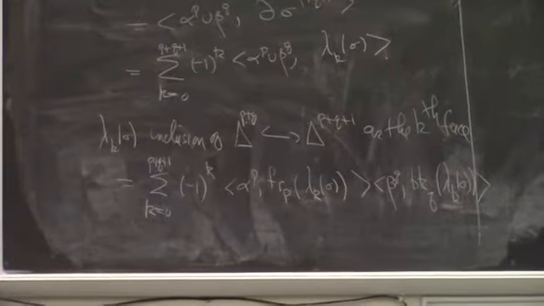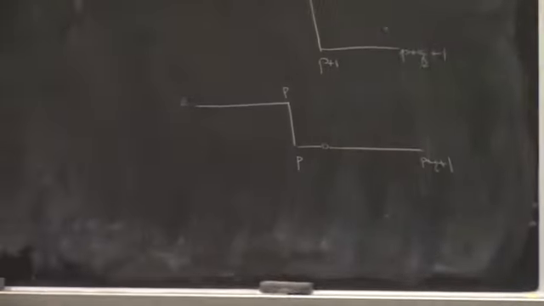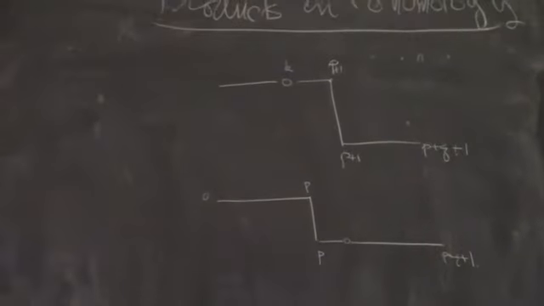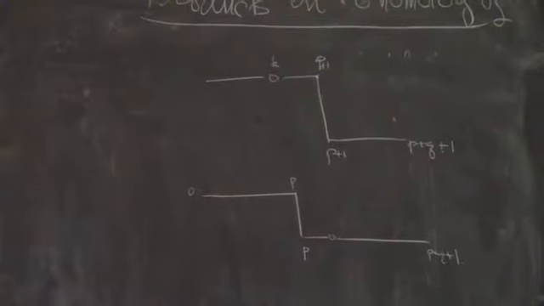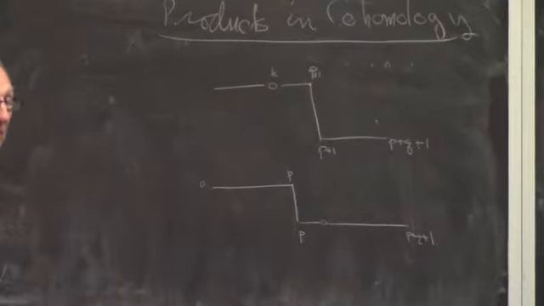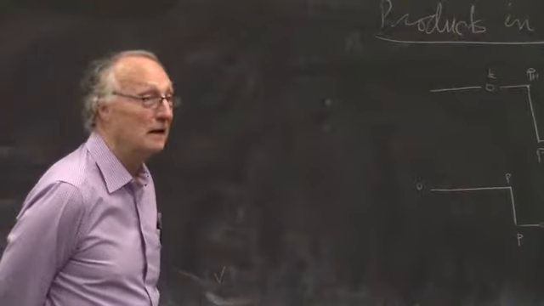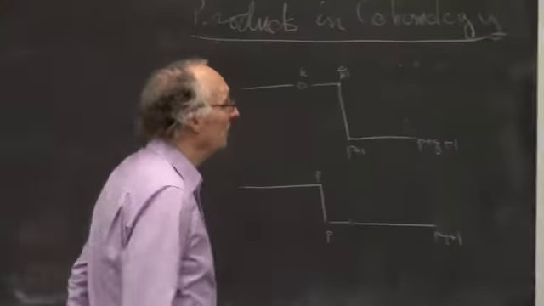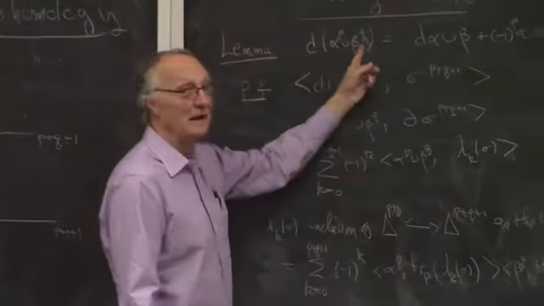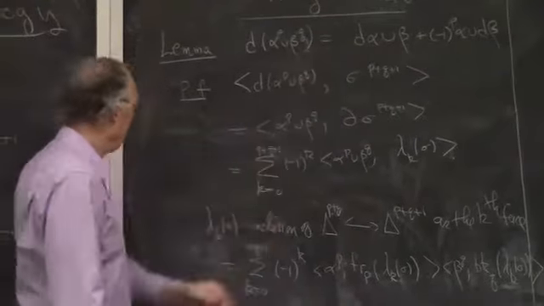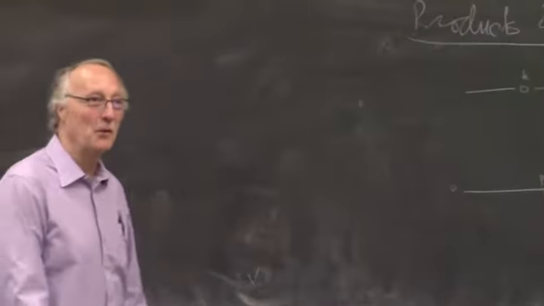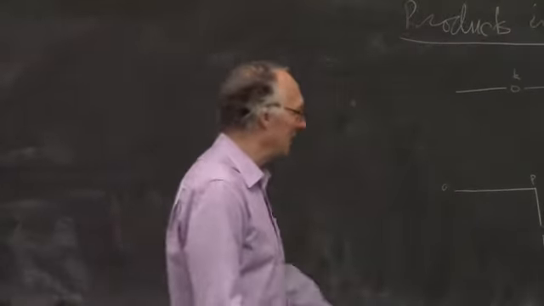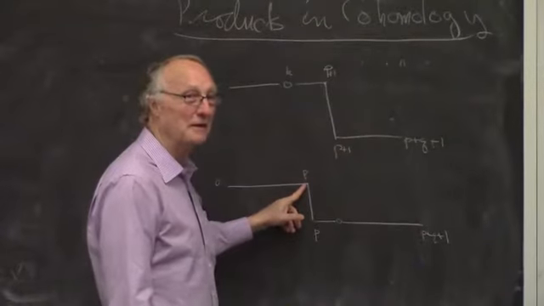If I'm evaluating alpha p, a p cochain, and a q cochain on the boundary. Can p itself be eliminated? No, let's fix the dimensions of alpha and beta. In the first picture, no. You cannot eliminate this vertex.